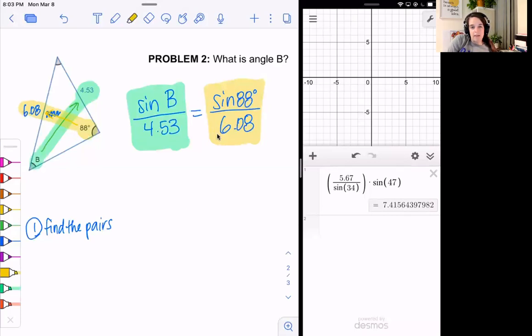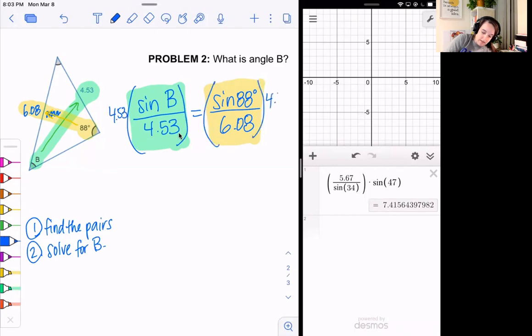All right, now I need to do my second step, which is to solve for b, right? I want to get b by itself. So right now I see divide by 4.53. The opposite of divide is multiply, 4.53 on both sides. 4.53 divided by 4.53 cancels out, leaves me with sine b equals, and now I'm going to do this part in my calculator.